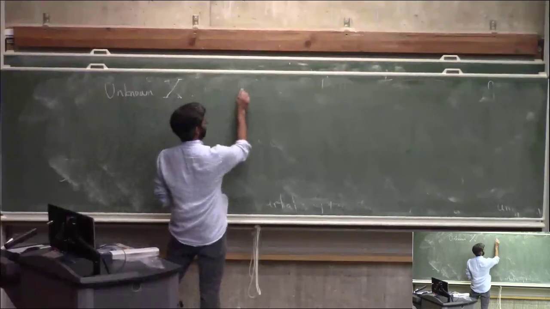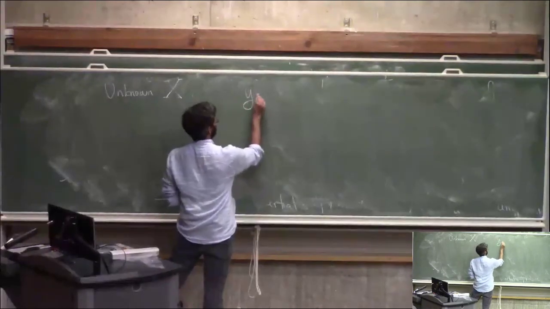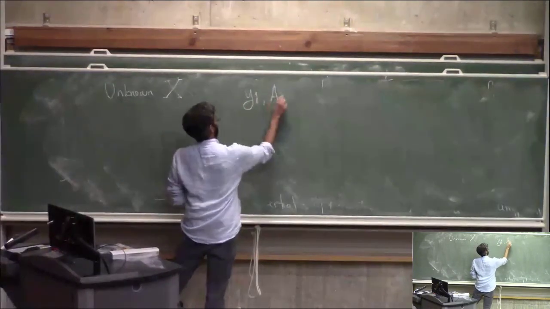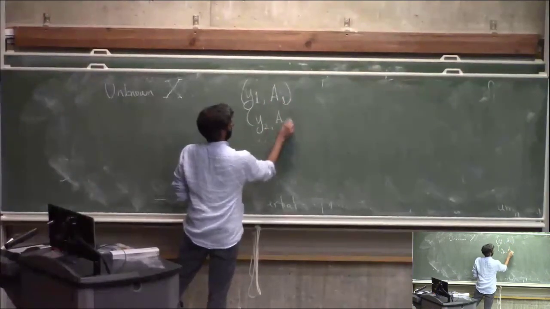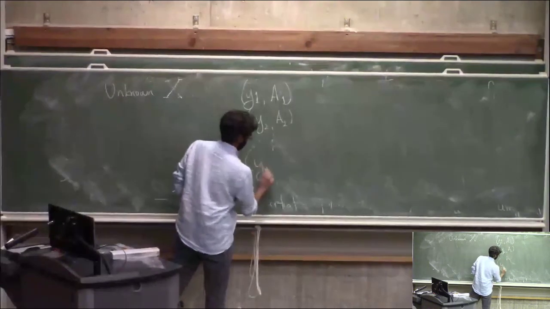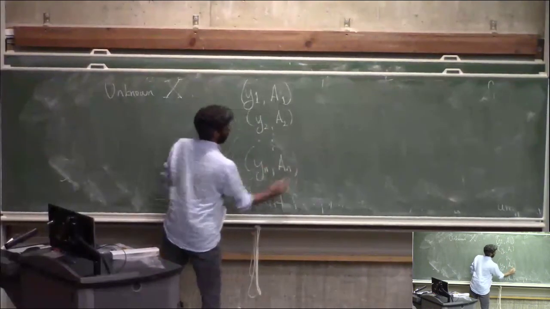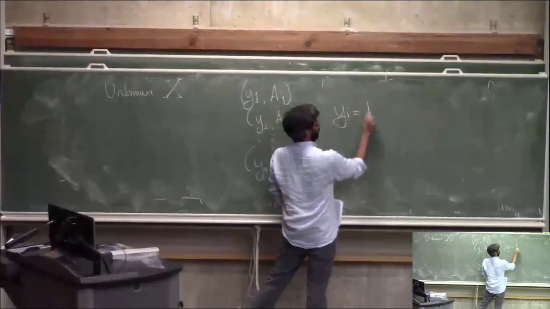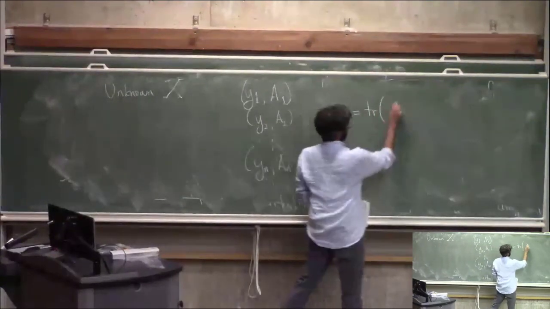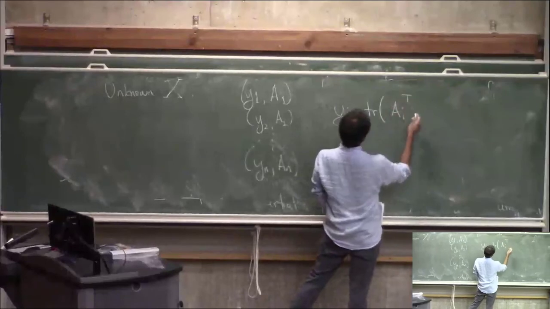So I'm going to observe Y1 and A1, Y2 and A2, and so on, where each Y is just going to be the trace of A_i transpose X.